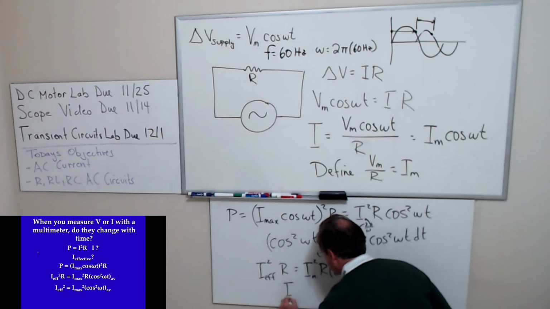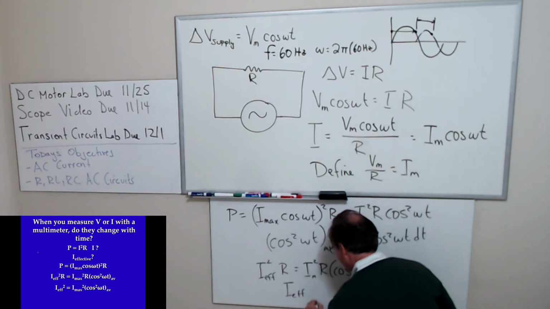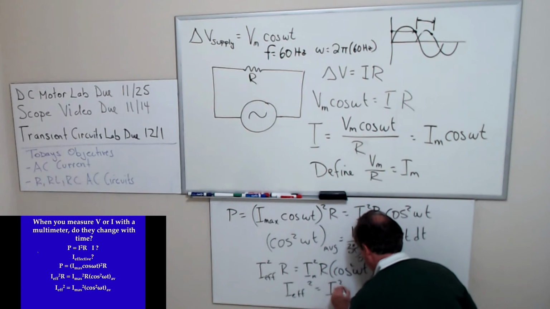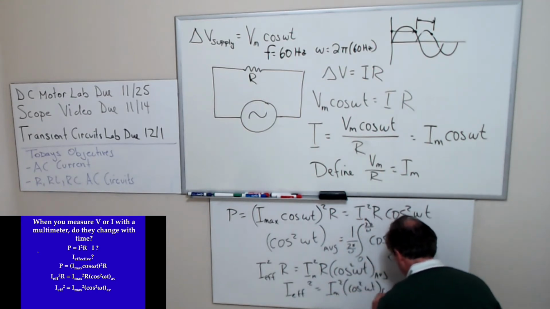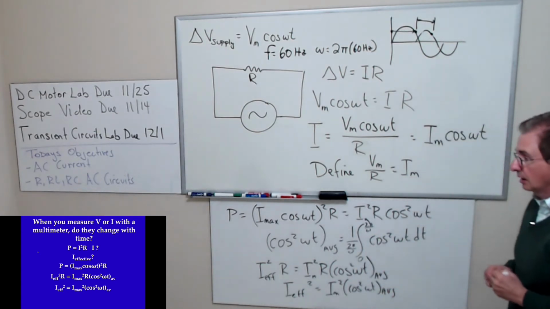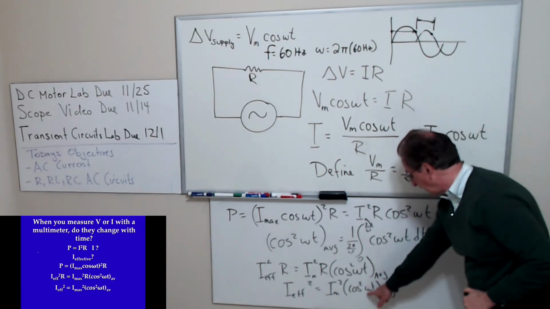So I effective squared is equal to I sub m squared times the average of cosine squared omega t. So all I have to do is figure out the average of this function.